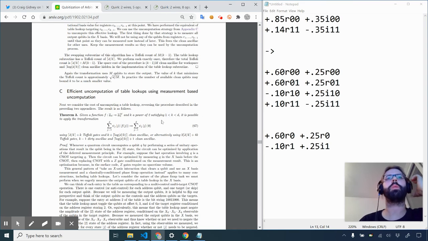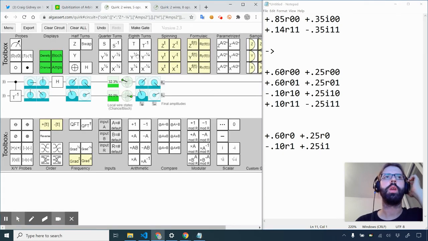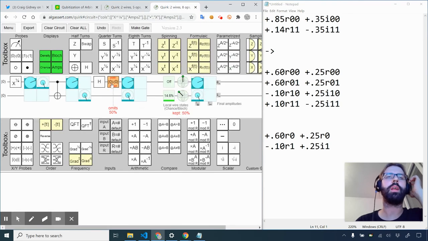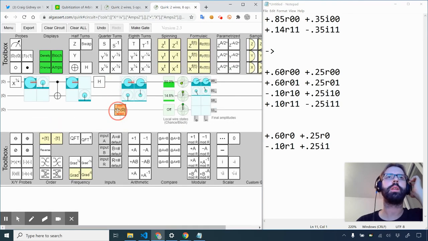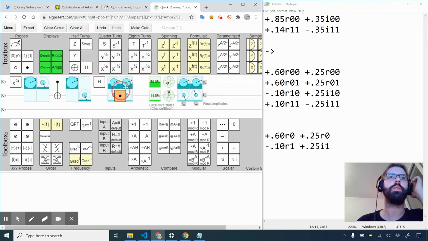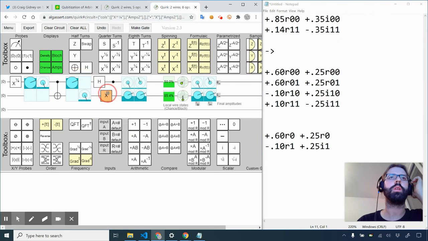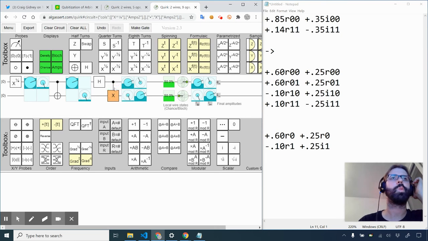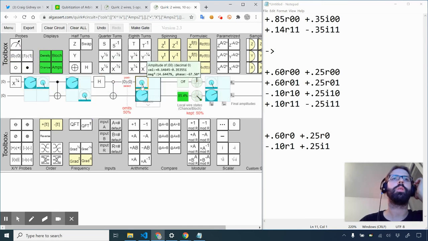Efficient uncomputation of table lookups using measurement-based uncomputation. Okay, so measurement-based uncomputation, this seems to be, well, that's kind of disentangling, right? That's what you want to say here. So you kind of can control on 0.